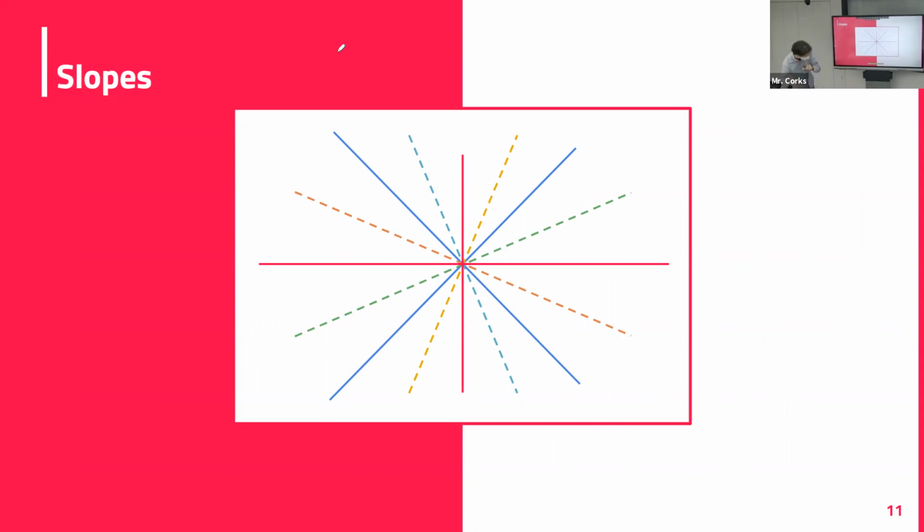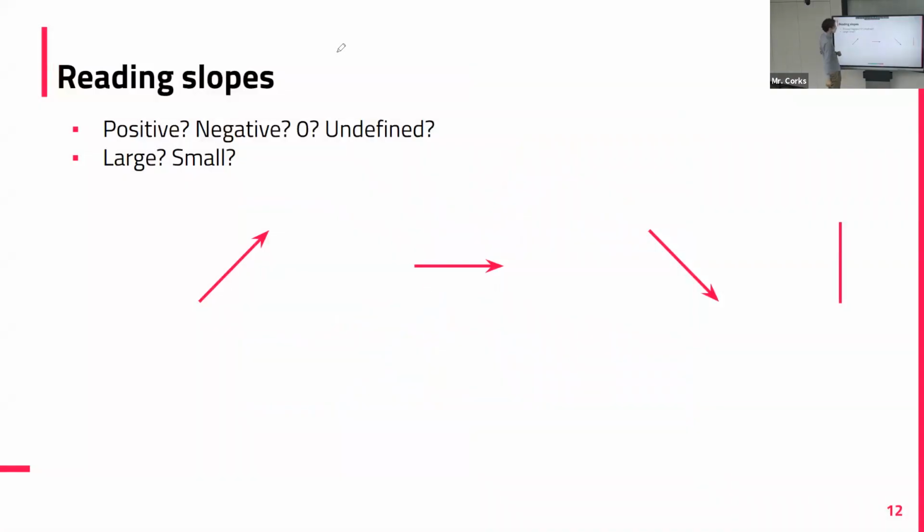I showed your section a little bit of this last time, but as I mentioned, for doing calculus, it's really important that we can visually and quickly identify approximately what a slope is. Not the exact number, we have calculus tools to do that for us, but approximately what the slope is. If we can't see that, then it's going to be really hard to understand what calculus is helping us with.